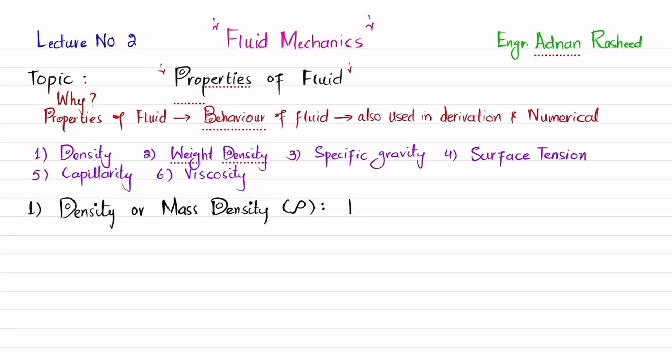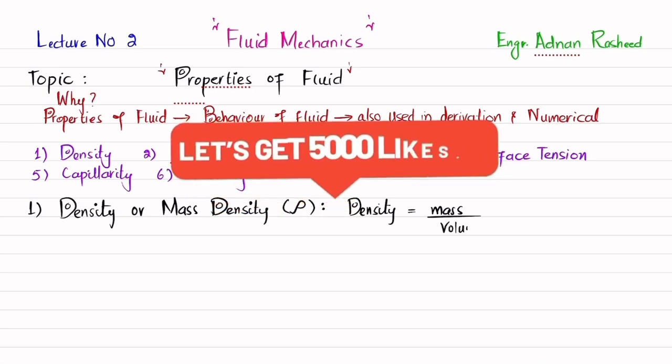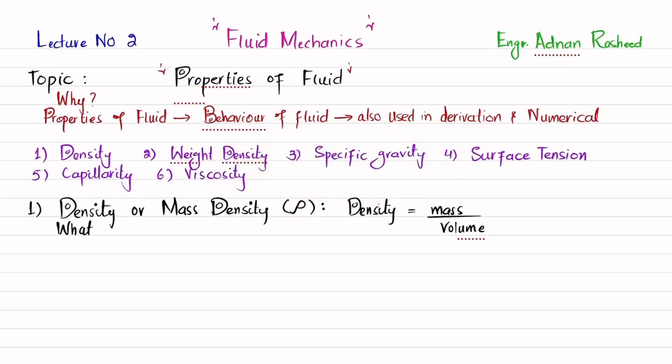So density is defined as mass per unit volume. What does this tell us? So this was the standard definition of density. What does it tell us? It tells us how much mass is available per unit volume.